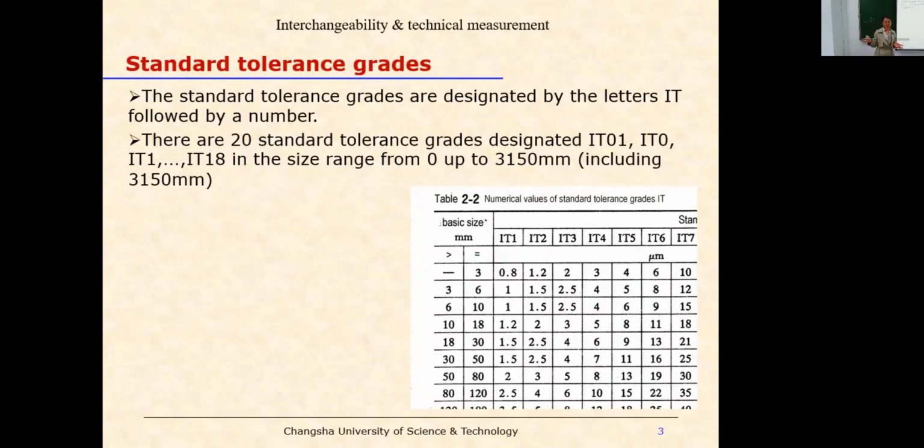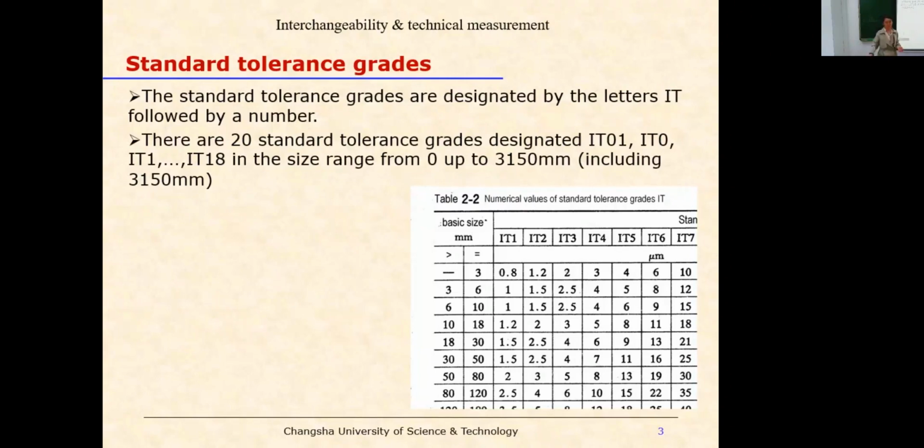When the range, I mean the diameter, is from 0 to 3,150, it means that different diameters of the shaft or the hole have different IT, right? For example, like this table, the basic size is D, a capital D or a small d, right? The capital D is for the hole, the small d for the shaft.